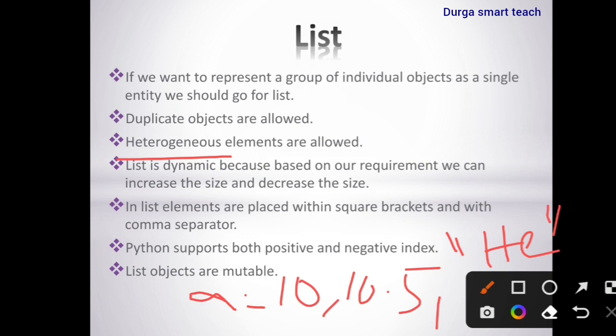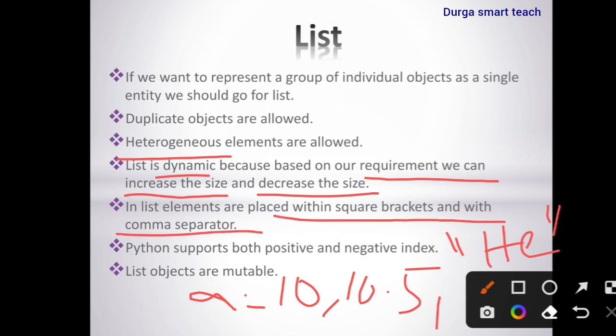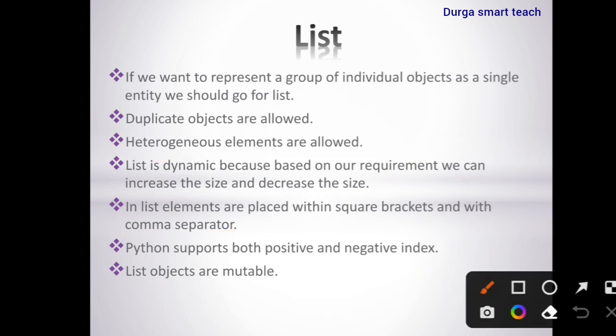Next one is list is dynamic, because based on our requirement we can increase the size and also decrease the size. You can add one more element, you can delete one more element from the list. In the list, elements are placed within square brackets and with comma separator. So you need to represent list elements within square brackets, for example a is equals to 10 comma 20 comma 30.